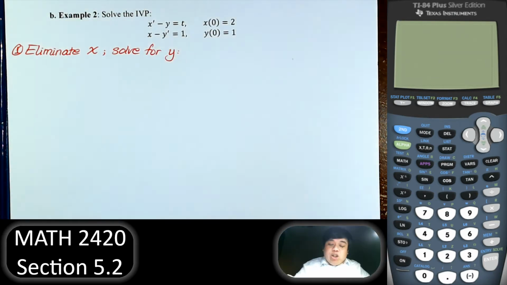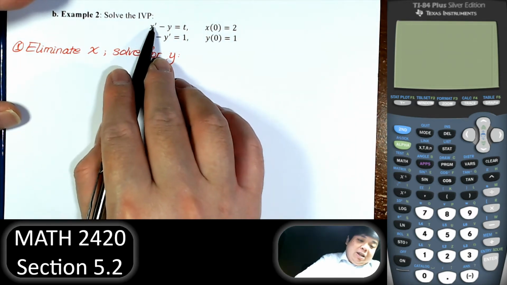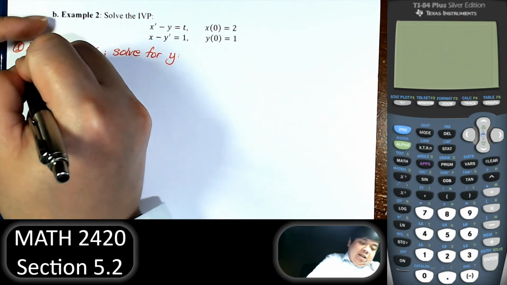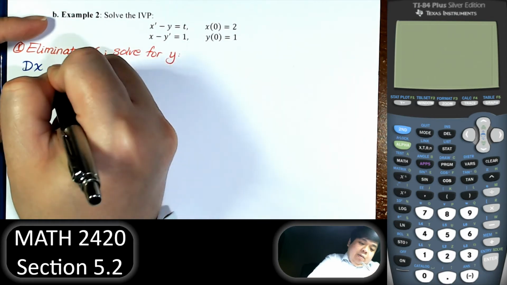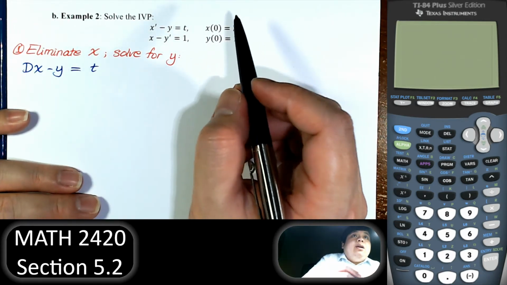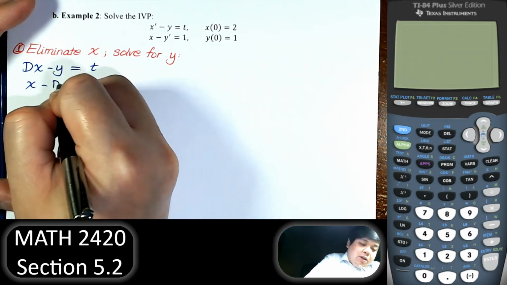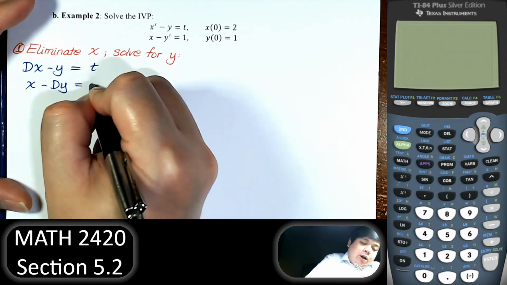Right, I will write very small and try to use all the space. The derivative of x, that's dx, minus y equal to t. Second equation, x minus dy equal to 1.